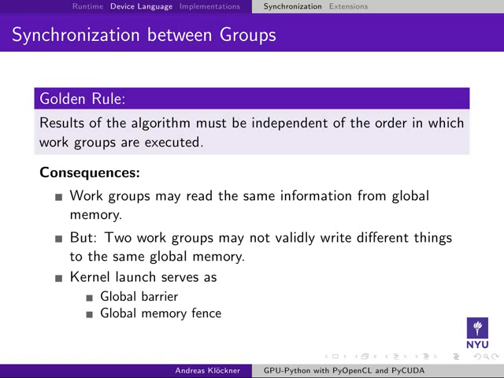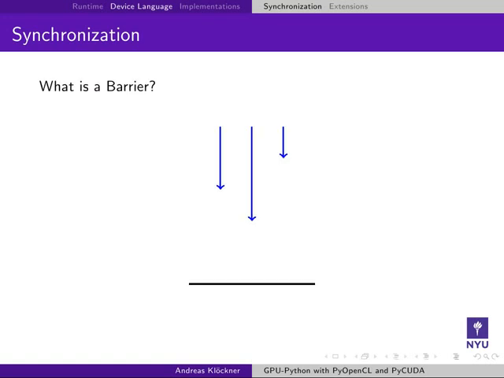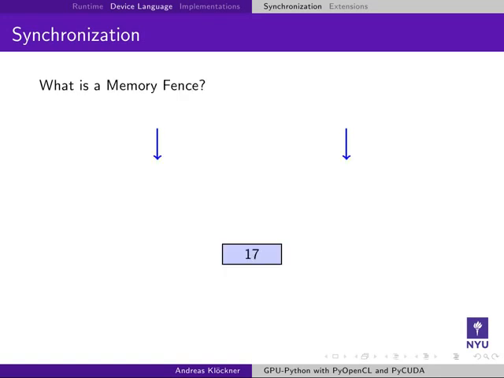If you want to synchronize within a work group, you have a barrier. Barrier means everybody runs up to it, and then everybody stops, and then everybody continues. What's a memory fence? Kind of lower level. A command that you submit to the memory controller that says all the memory operations that I submitted up to here must be complete before you do any of the stuff below here.